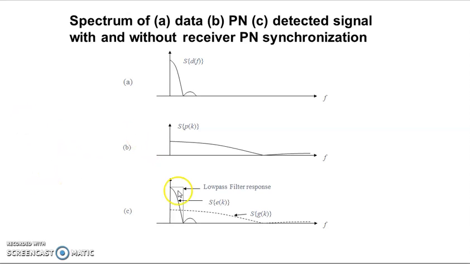Here we have the spectrum modulated as shown. So this is the spectrum of a data sequence, the spectrum of a PN sequence, and the spectrum of a detected signal with and without receiver synchronization.